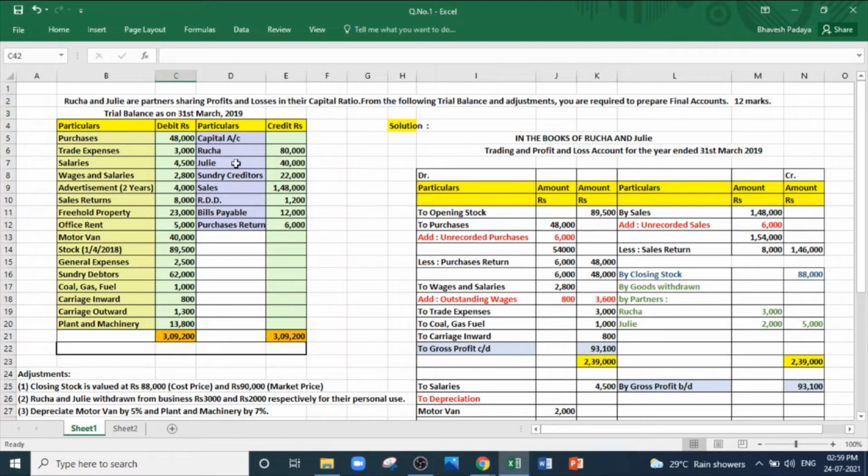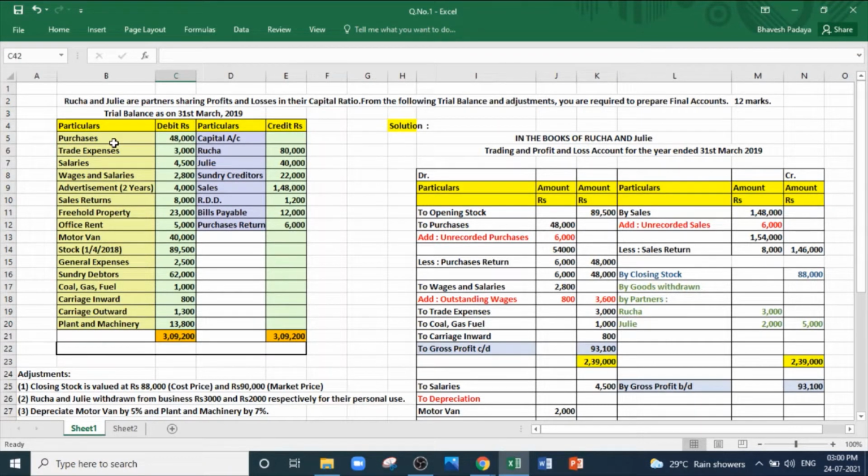All the credit balances of the trial balance will go to the credit side of trading or P&L, or the liability side of the balance sheet. So you have to read all the items properly.